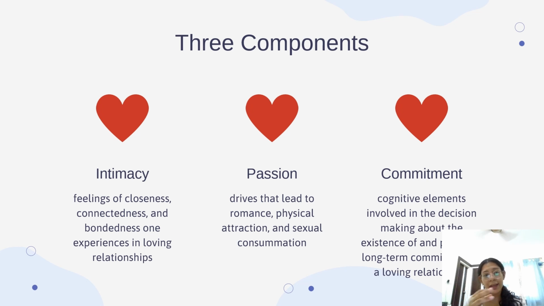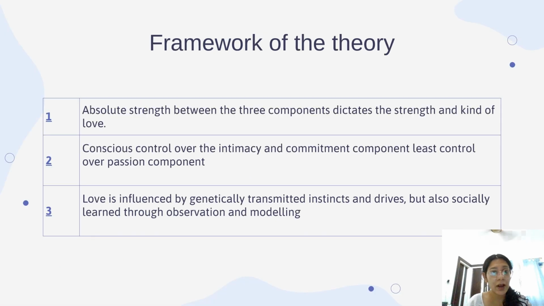He talks about how each of them has its own characteristics which bring very different aspects and very different avenues to the relationship. And the health of a relationship is dependent on these three components. So moving on, we will be covering the basic framework of this theory.